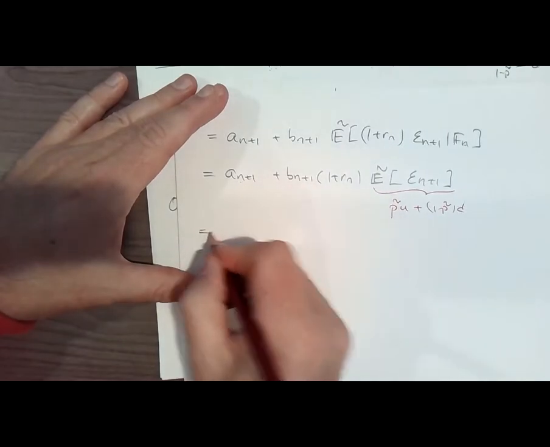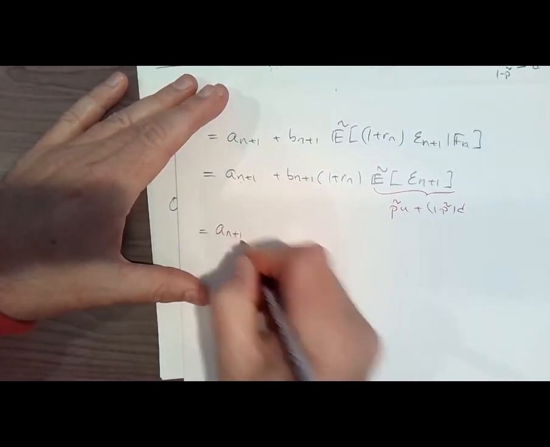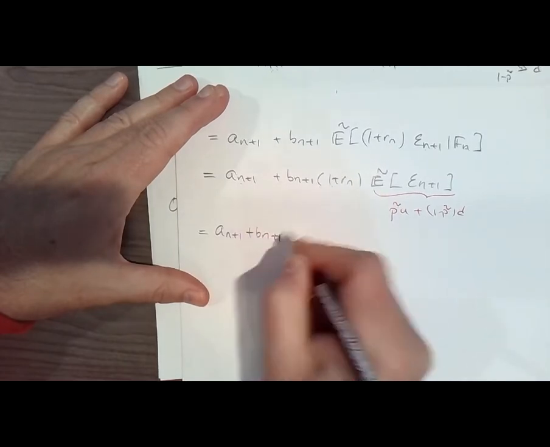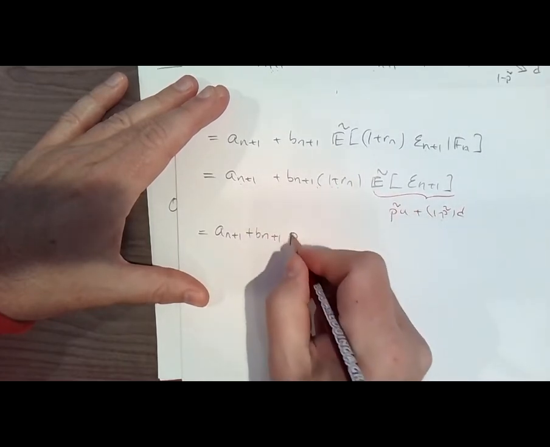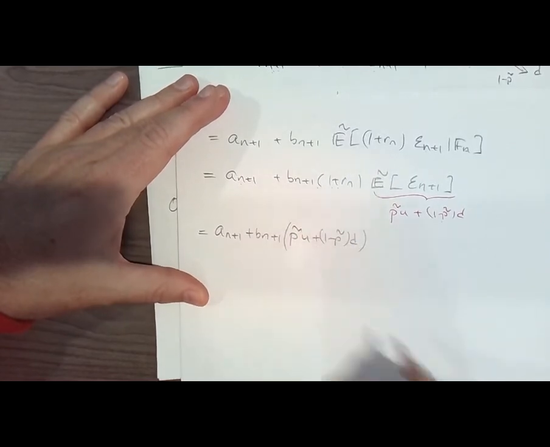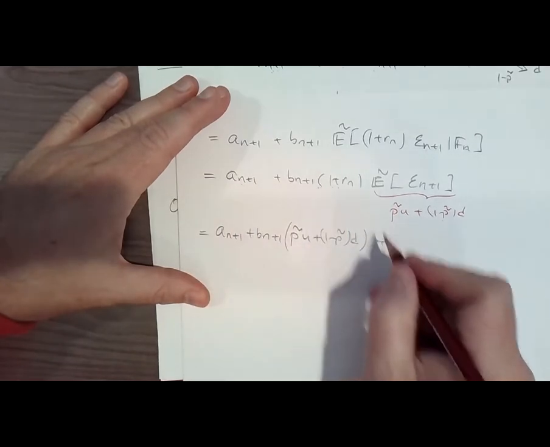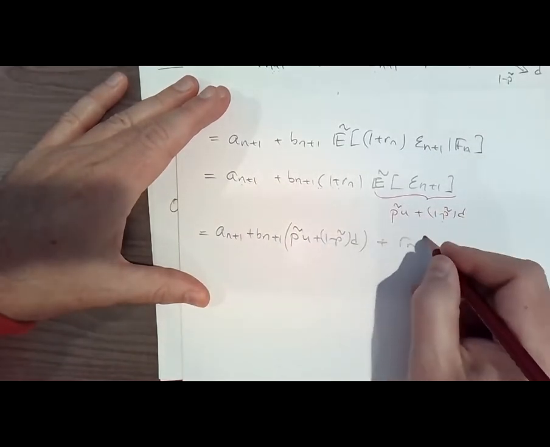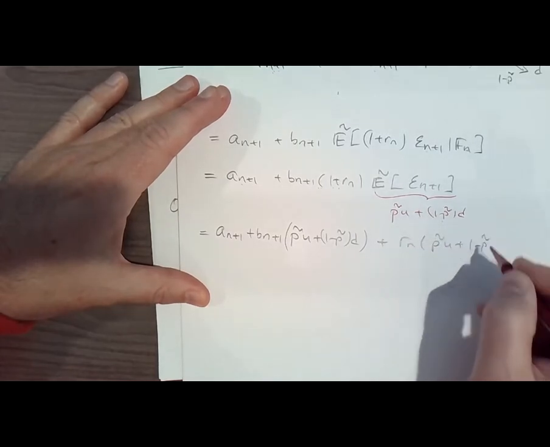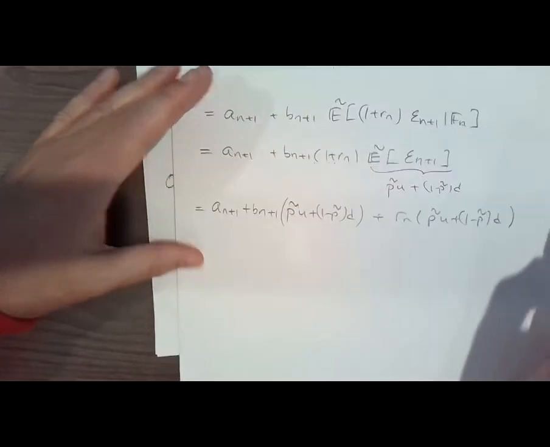We will have a constant coefficient, the an plus 1 and then bn plus 1 times that coefficient, and then there'll be the linear term rn with the coefficient p tilde u times 1 minus p tilde d.